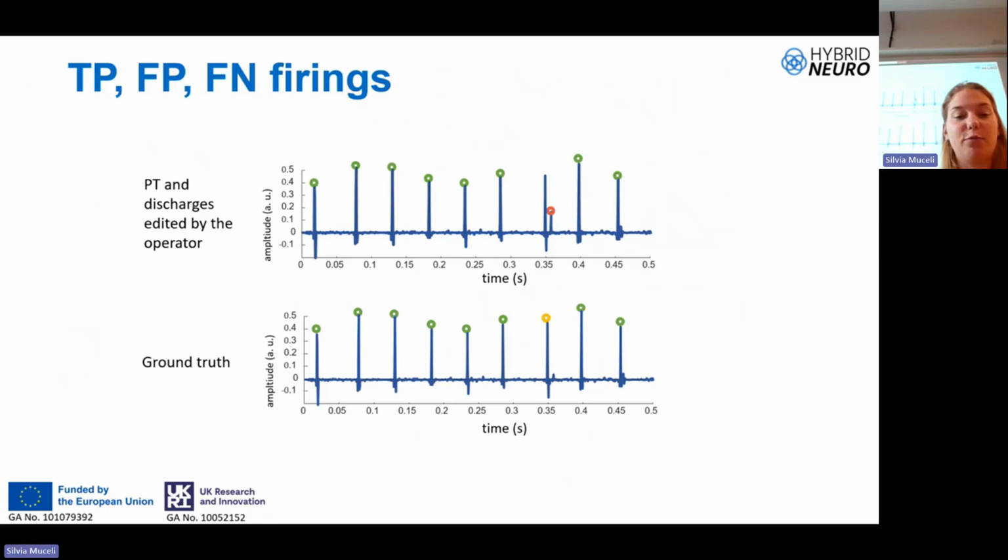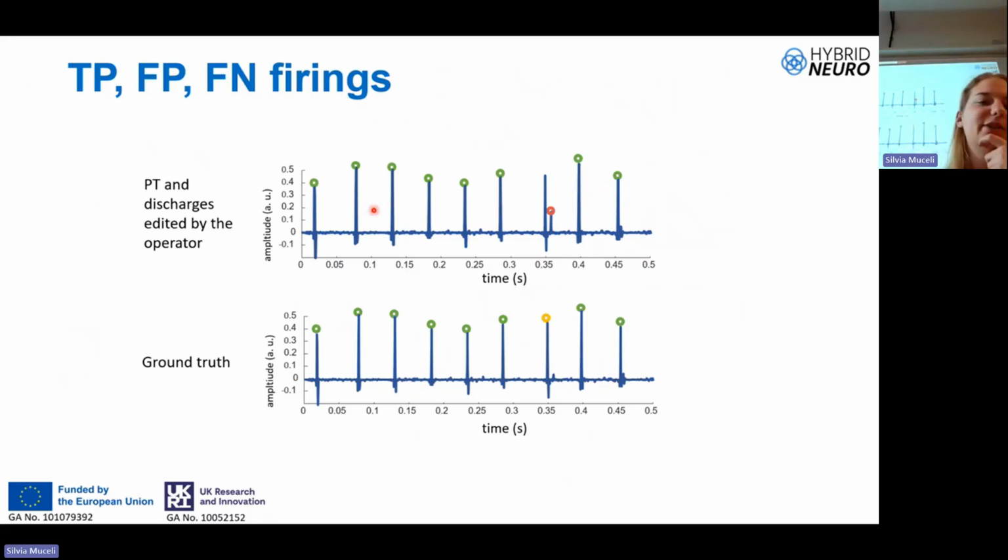Because we will work with simulated data today, we also know the ground truth of firings. And this will come in very handy when we inspect the accuracy of our manual editing. So here we have the ground truth, and here we have the pulse train that we edited.